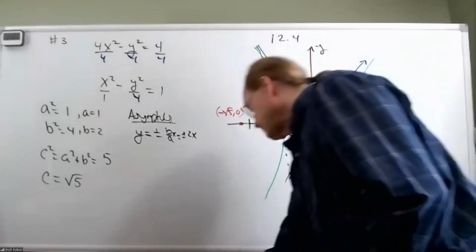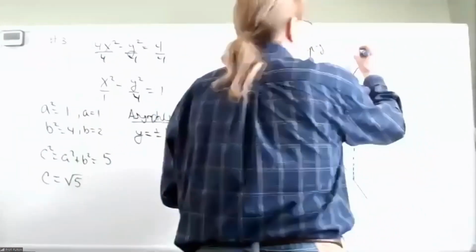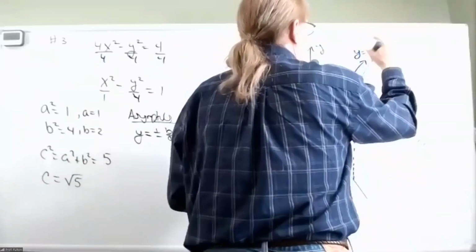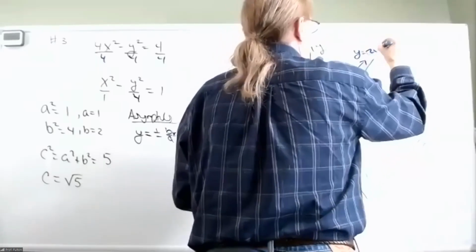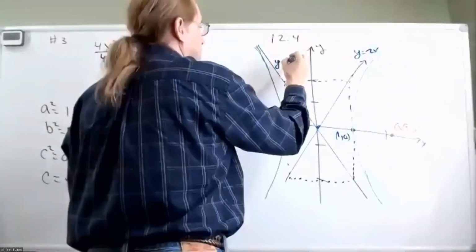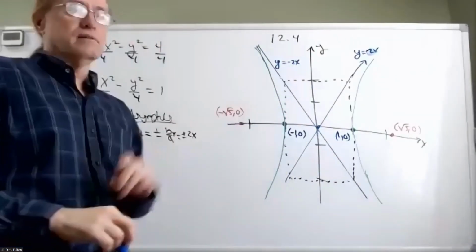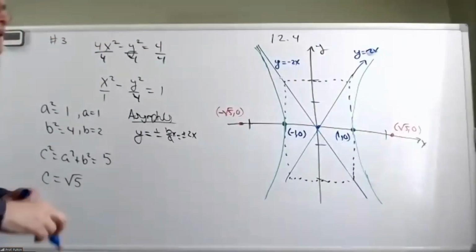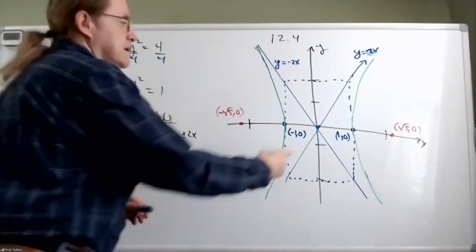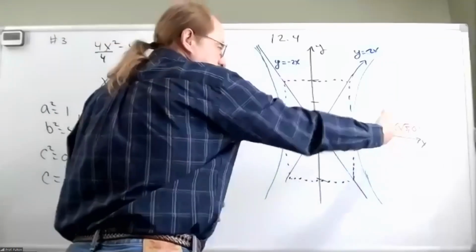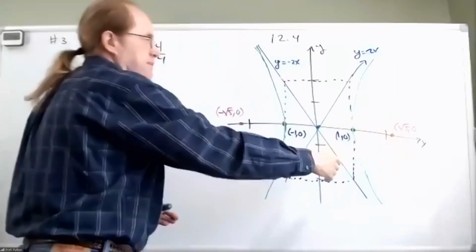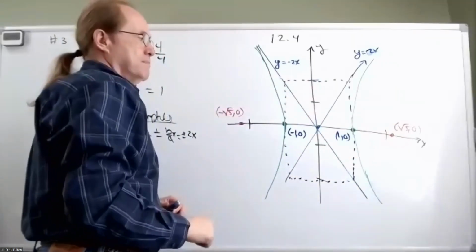And these lines here, these asymptotes, this is y is 2x. And in this case, y is negative 2x. Those are the asymptotes, and they're created by this little rectangular box to help guide you. And you can see the A goes with the x in this case because it's the transverse axis, and the B goes with the y.